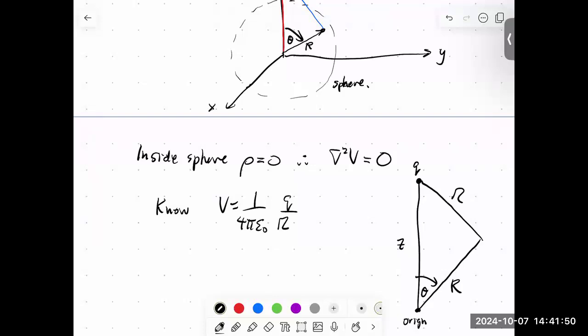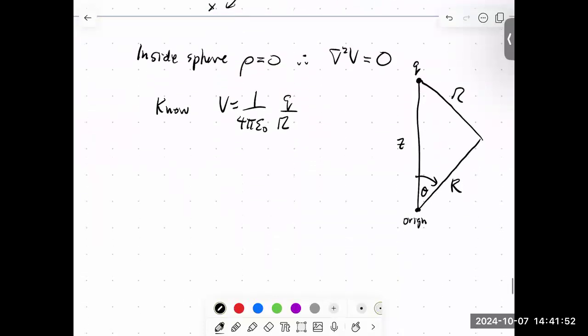It's not a right angle triangle, so what do I have to use? The law of cosines, yeah. Law of cosines. So the law of cosines says that if I want to know the length of the side opposite of the angle, the square of that length is given by z squared plus r squared minus 2zr cos theta.